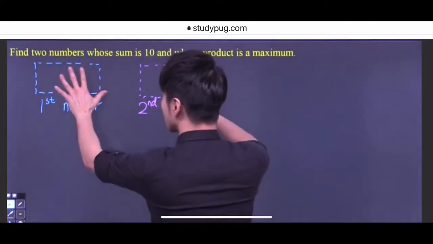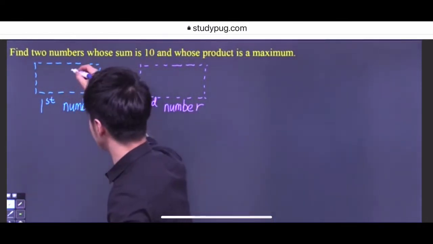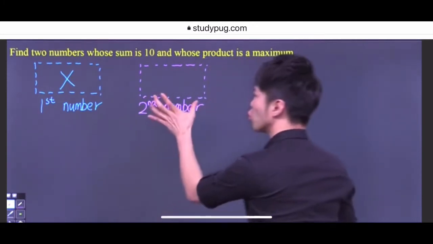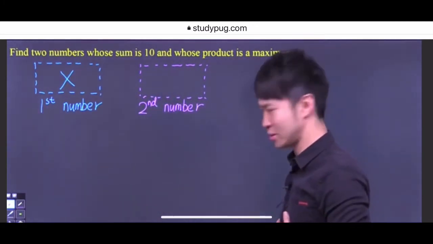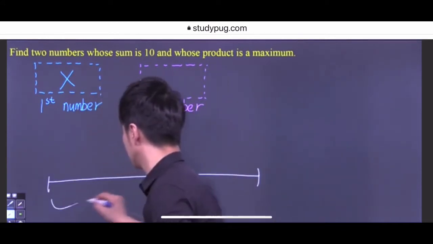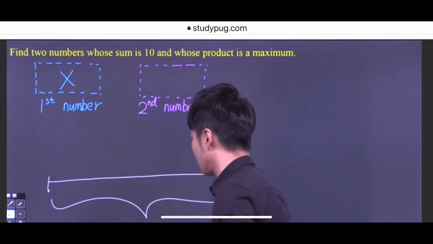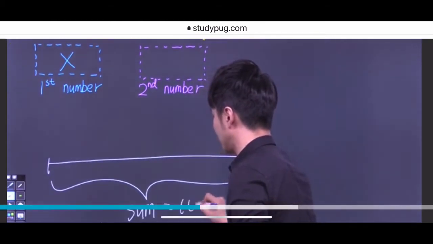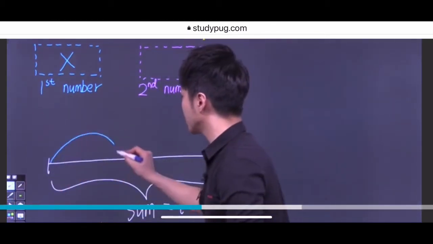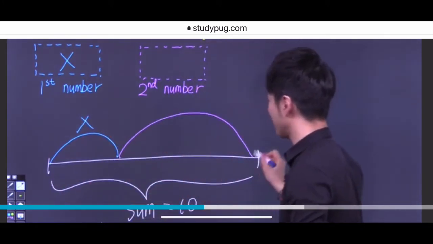So we've got two numbers that have a sum of 10. Now, if we call the first number x, what would be our second number? Well, let's think about this. If two numbers have a total sum of 10, and the first number is x, what's our second number?